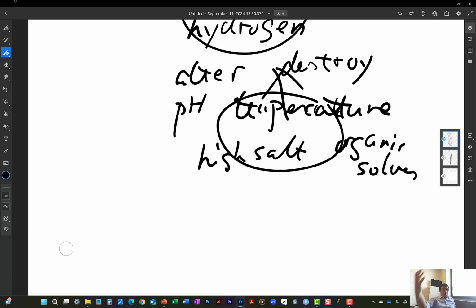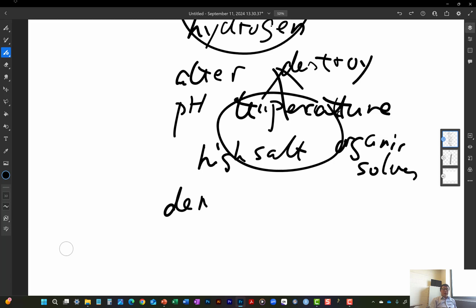And then at the beginning, if it's only slightly changed, the protein structure only modestly changes, and the protein is no longer as functional as it used to be. But if you return to the normal condition, the protein may be functional again. But in some cases, when conditions are extremely far away from normal, this protein will never go back.